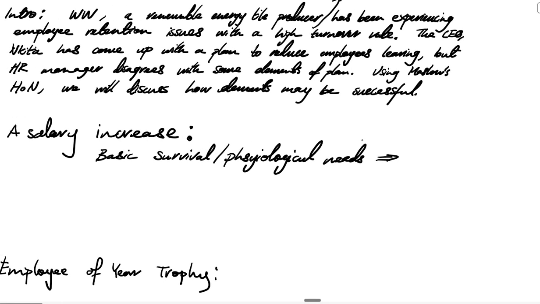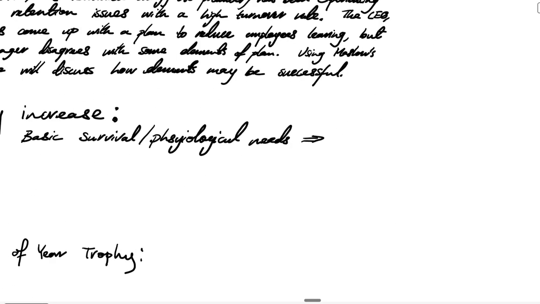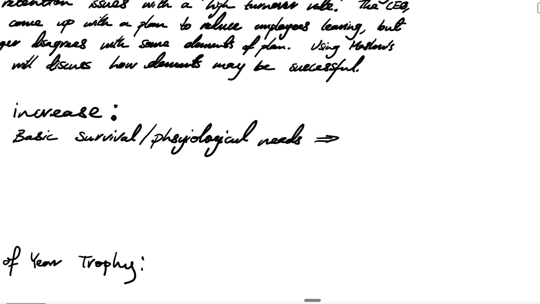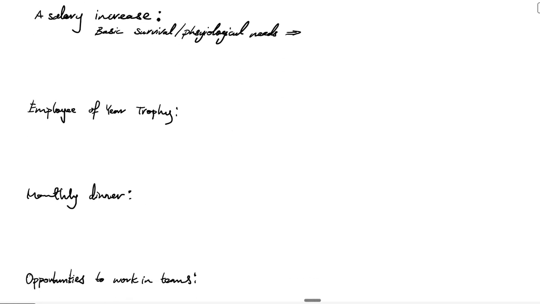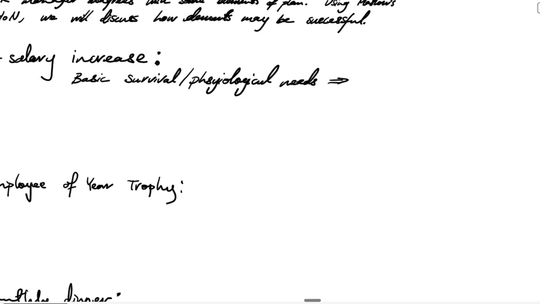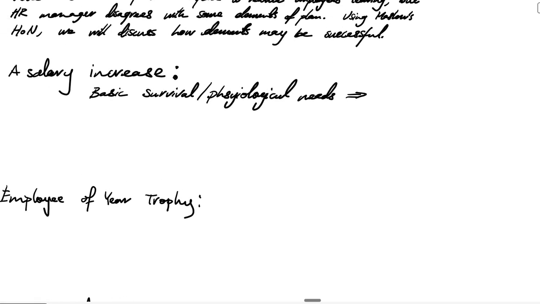You get good marks for just understanding what each of these is allocated to on that pyramid. So basic survival physiological needs. And for those of you who actually don't know how the pyramid looks like, just search it up. You'll get a nice image and understand the levels to the hierarchy.